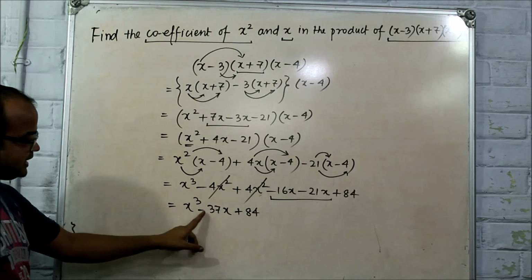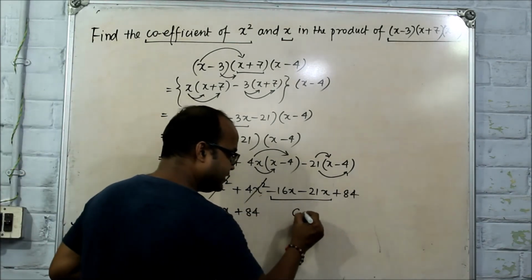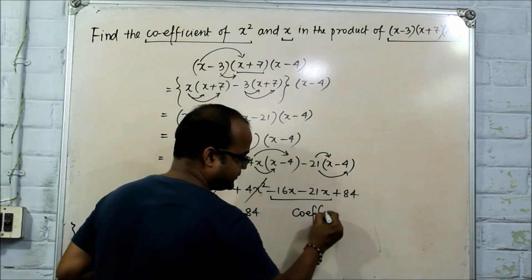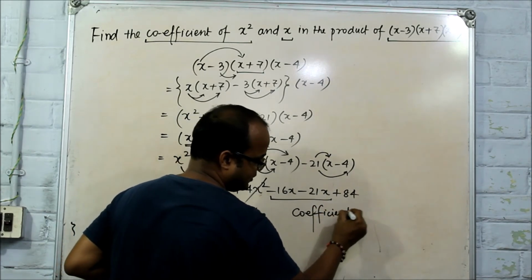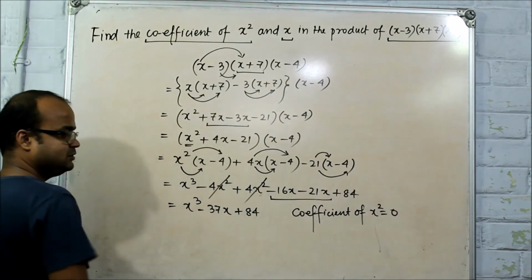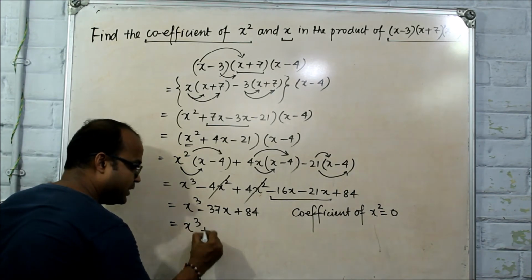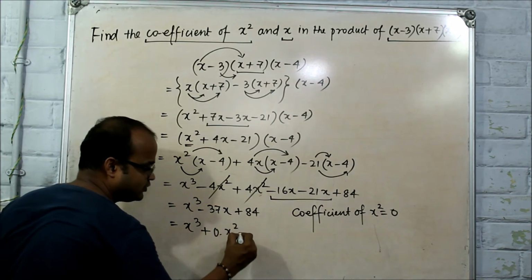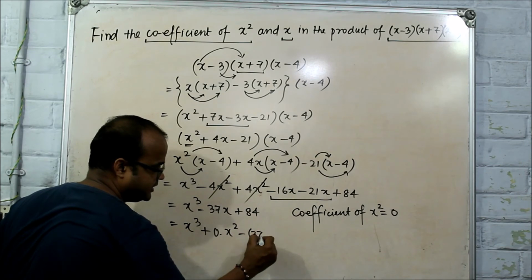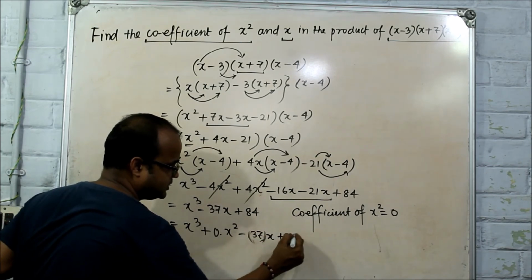Now see, here the x² term is absent. So we write the coefficient of x² is equal to 0. Clear? Because you can write this as x³ + 0 into x² − 37x + 84.